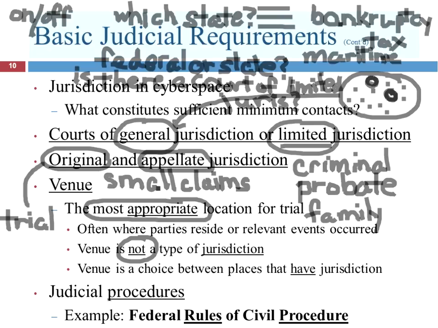Again, in jurisdiction, you might have several different places you can file the lawsuit. And the plaintiff gets to pick between all those places where the lights are on. In venue, because things are compared, it may be that there's different levels of appropriateness. Usually venue is going to exist where the defendants reside or where the relevant event happened. Let me give you an example. I'm going to clear my screen here.